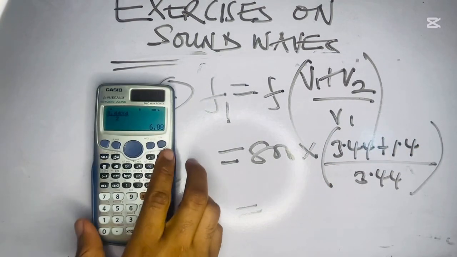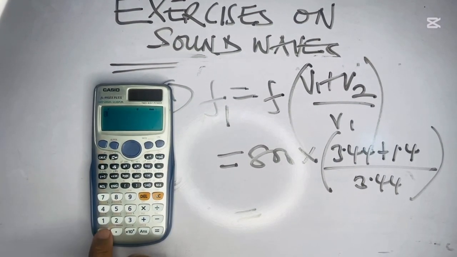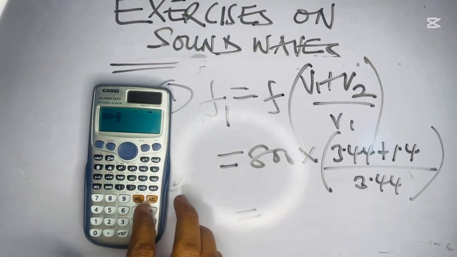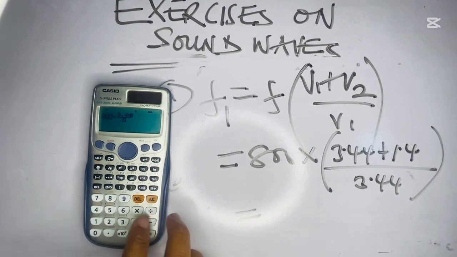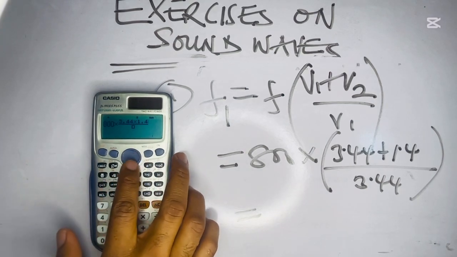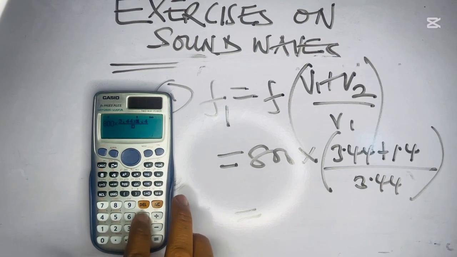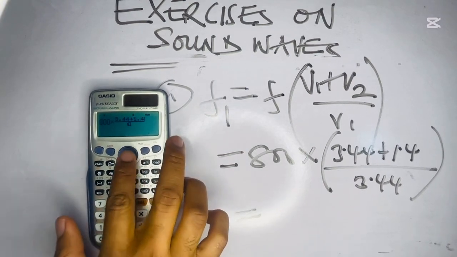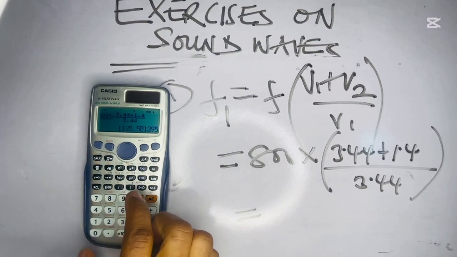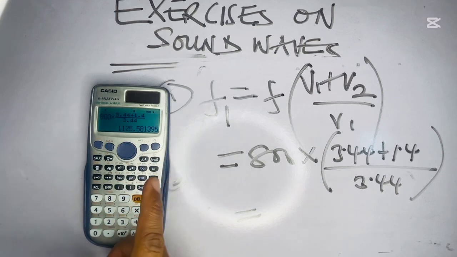So we have 800 times 3.44 plus 1.4, all divided by 3.44.